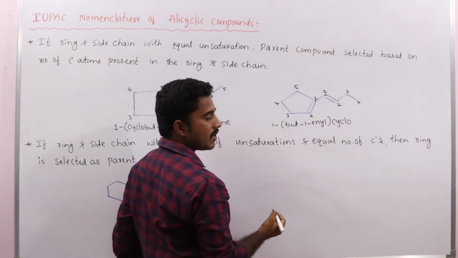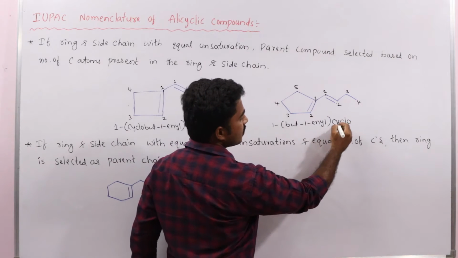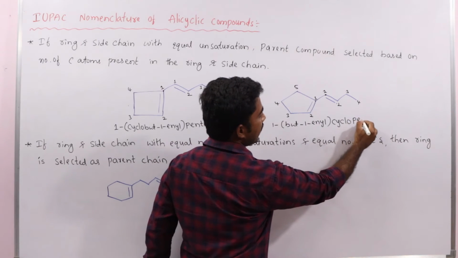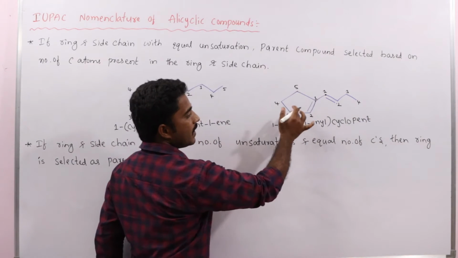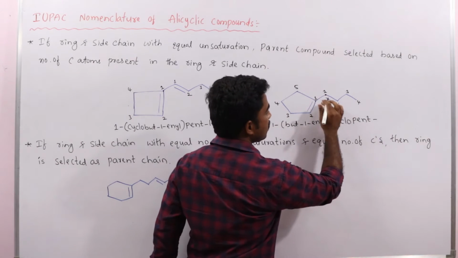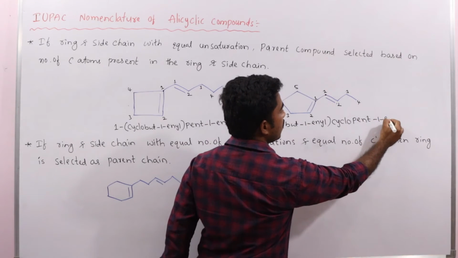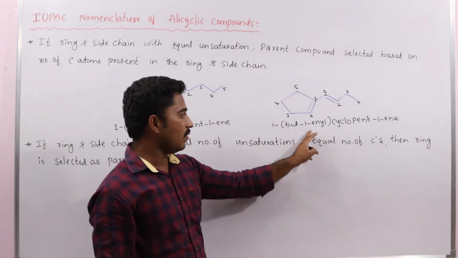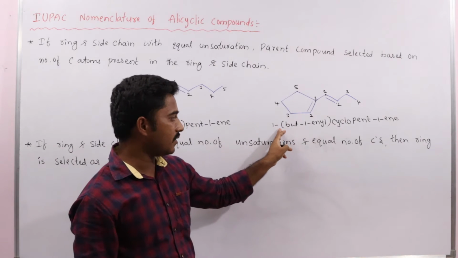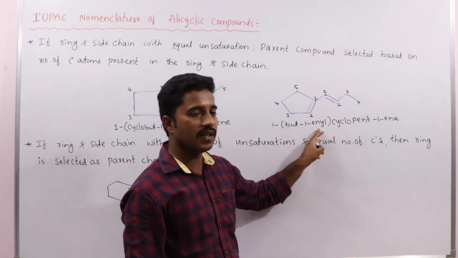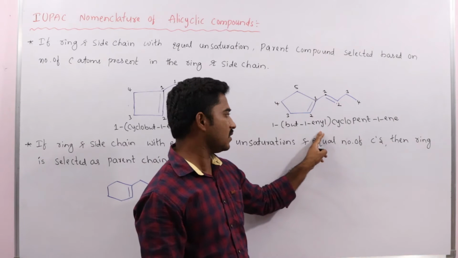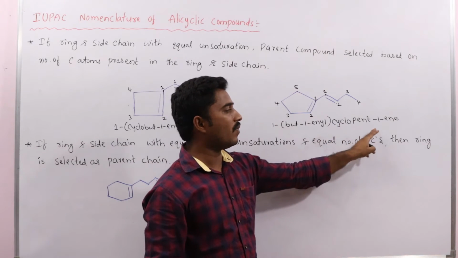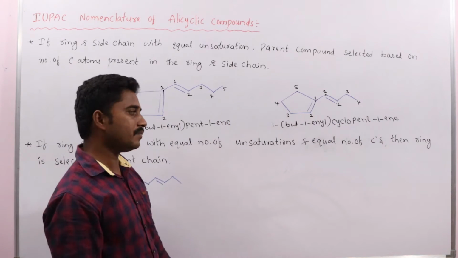Cyclo is the prefix, the primary prefix. Next, cyclopent-1-ene. At the first position, a double bond is there. That's why pent-1-ene. 1-but-1-enyl: at the first position of the parent chain, the but-1-enyl group is present as a substituent. Then cyclopent-1-ene. Okay, clear?